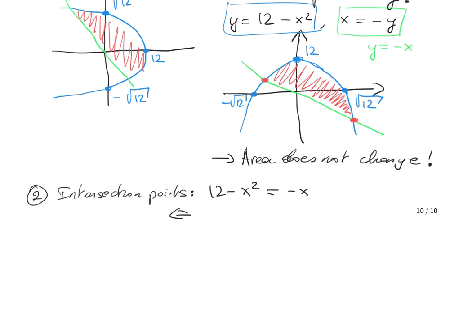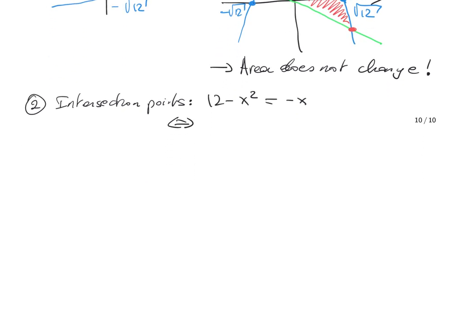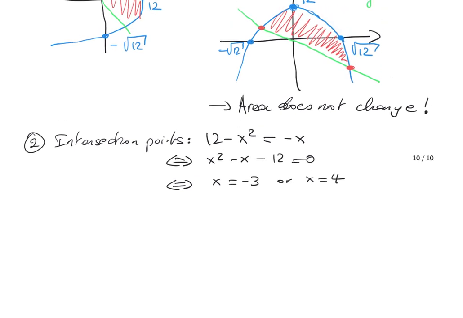And we solve that equation for x. X squared minus x minus 12 is equal to 0. And if you solve this equation, you will find that x is equal to minus 3 or x is equal to 4. So let's add that to our figure.